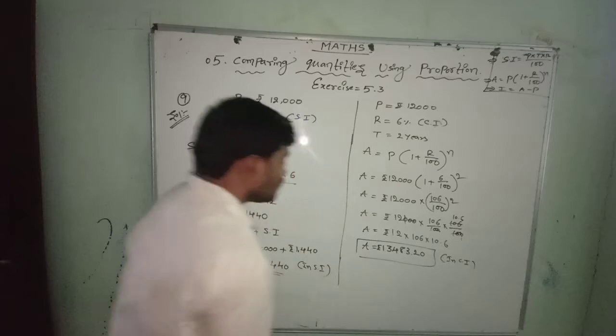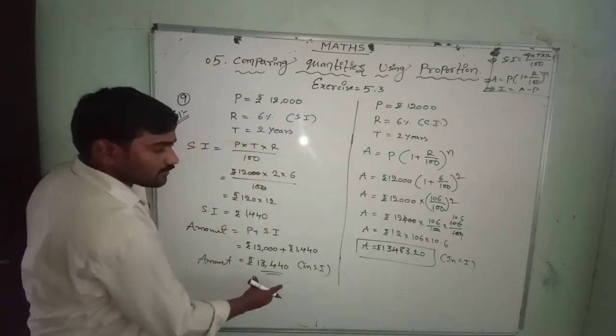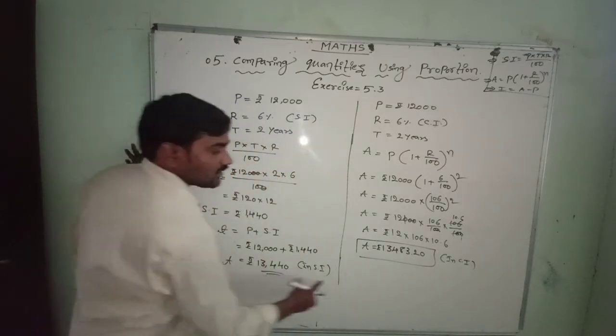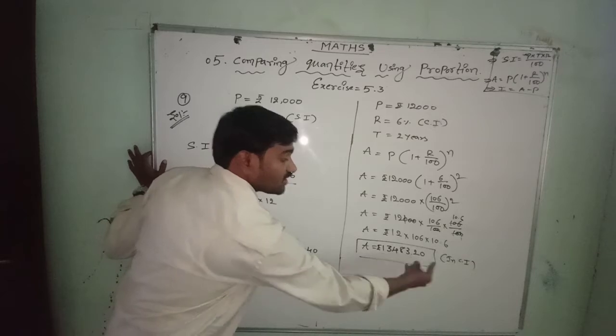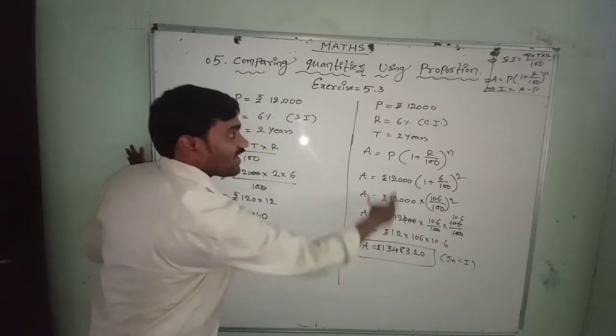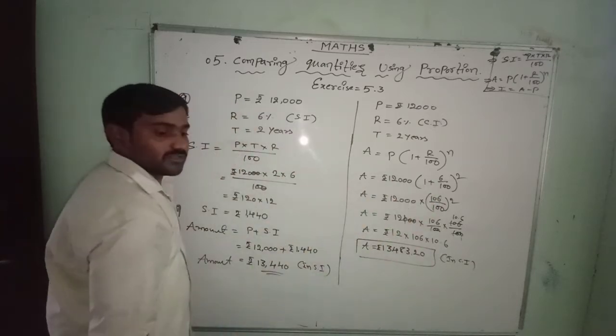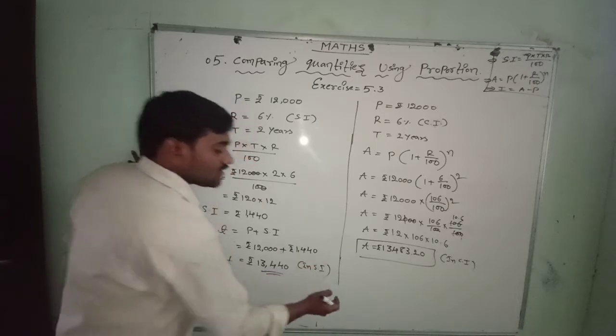So where are you paying the extra amount? Amount in simple interest is 13,440, and in compound interest it is 13,483 rupees 20 paisa. In the compound interest we will pay the extra amount.